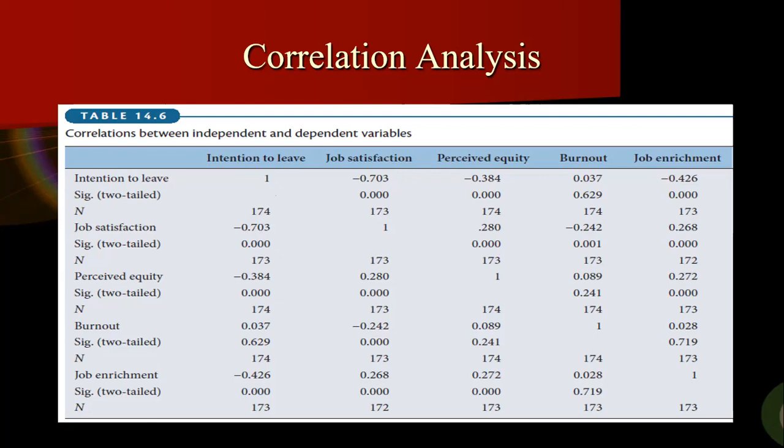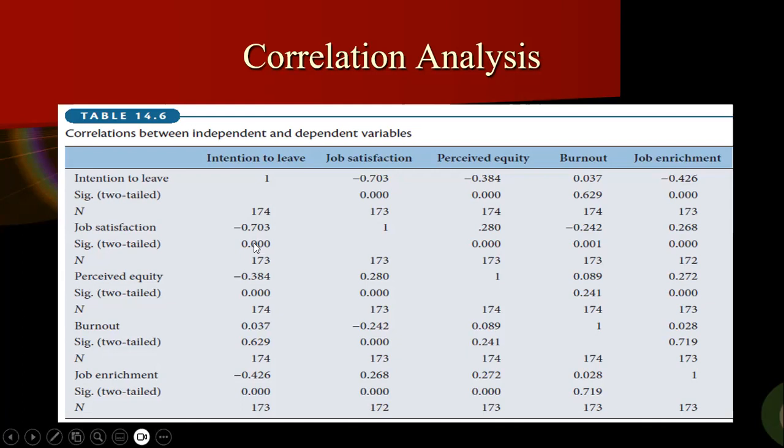Statistical significance can be checked with this significance value. Remember, in research, we take three levels of significance. One is 1%, 0.01. Second one is 0.05, 5%. Third one is 10%, that is 0.1.